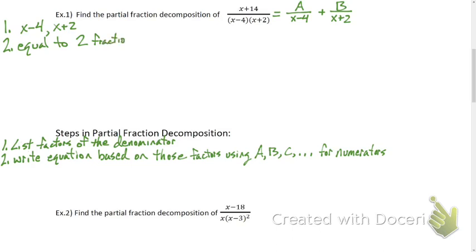In the third step, I need to multiply by the common denominator. Multiply the entire equation by the common denominator.